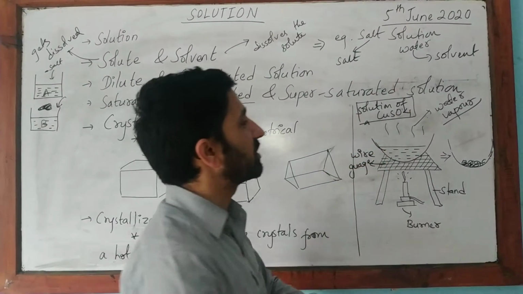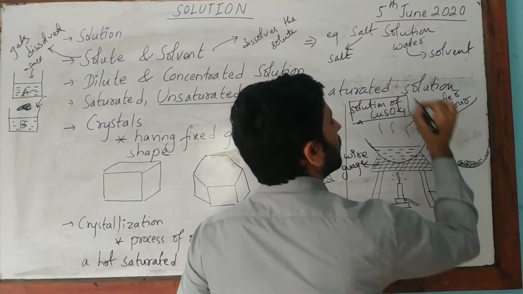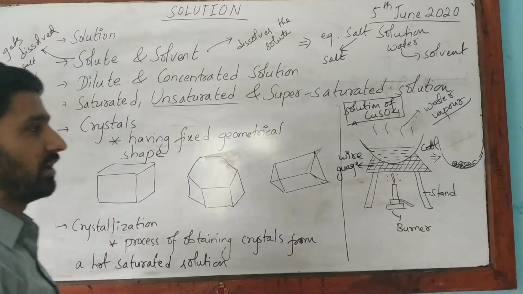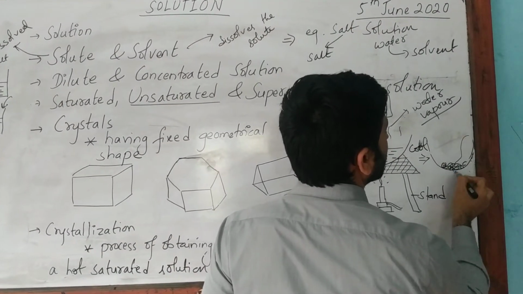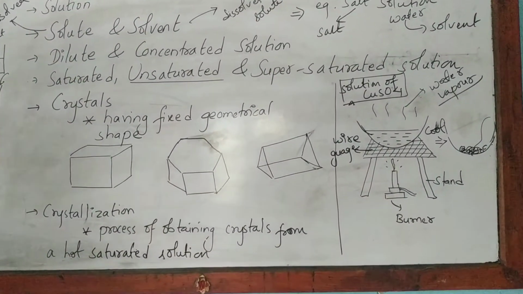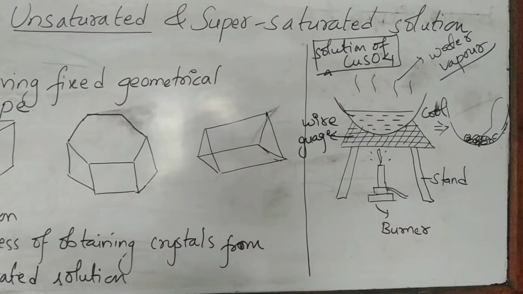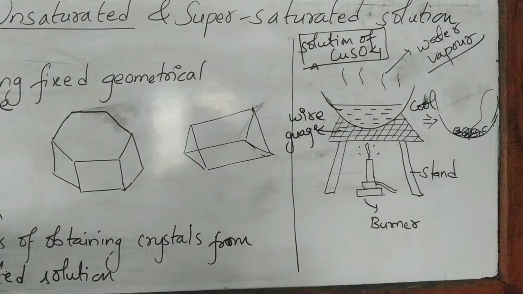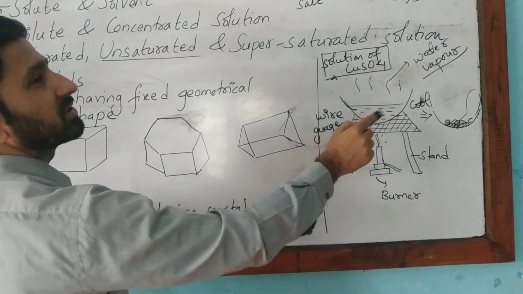This supersaturated solution, after heating for some time, we cool it down, and if we leave a thread in it for about 10 to 12 hours of cooling, we can obtain the crystals of the solute, because the solution is supersaturated.